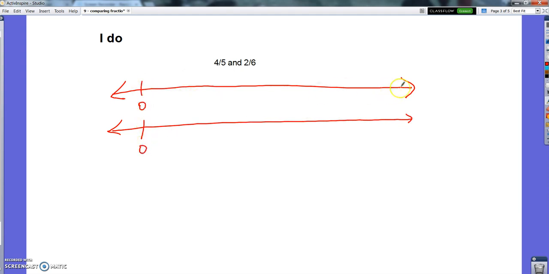Don't forget your 0 and 1. Remember, that's how I tricked a lot of you. So I put those there. Fifths, let's see, 1, 2, 3, 4, 5 fifths. So 4/5 is way over here. 2/6, 1, 2, 3, 4, 5, 6. 2/6 is way over here.